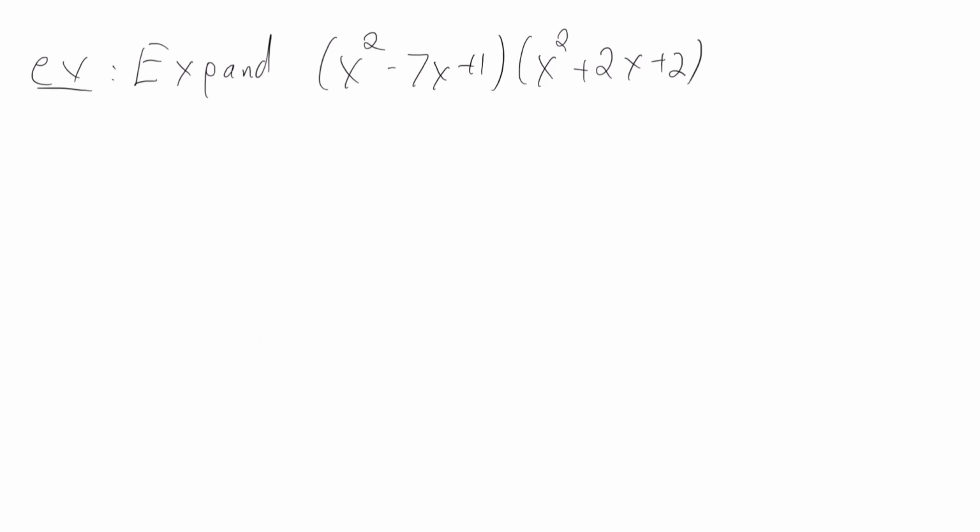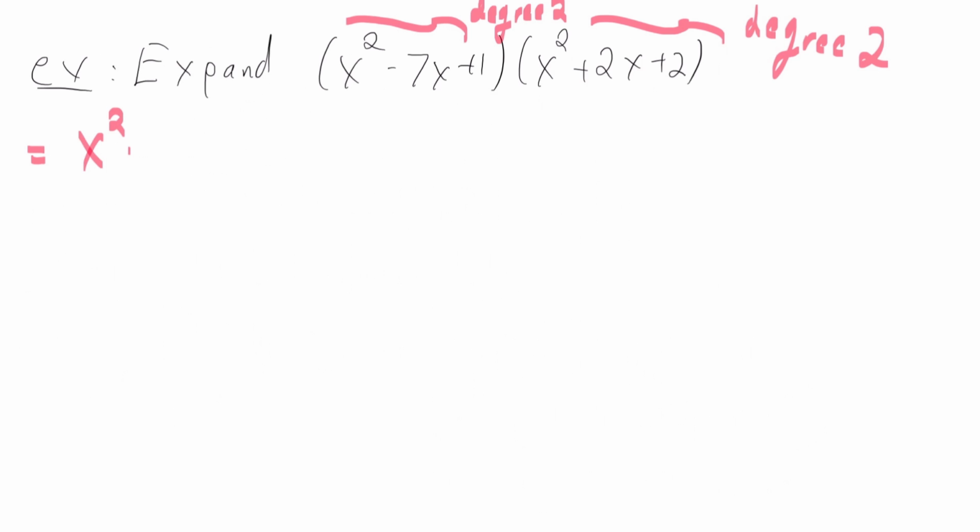So let's conclude this section with a more complicated example like that. Here I have two degree 2 polynomials, and I'd like to multiply them together. So this is degree 2, and this is also degree 2. So how does this work? Let's say that this is equal to x squared times x squared.